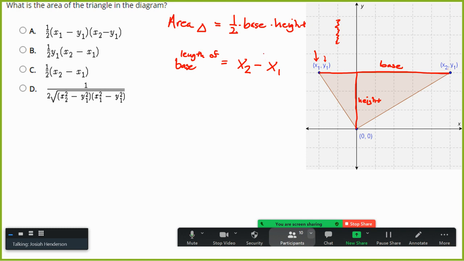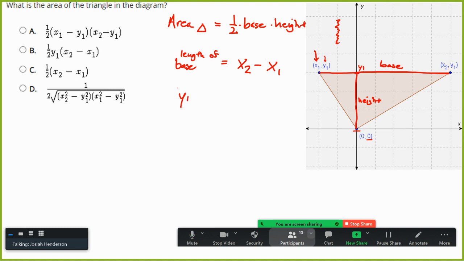So there's our length of the base, and the height is, how high is this? We know it's being marked as y1 down to this location, which is being told is 0. So y1 minus 0 is the height. And what is minus 0? It's just the other number.